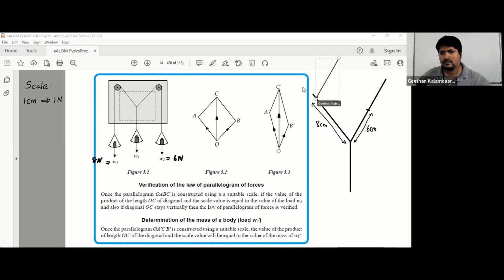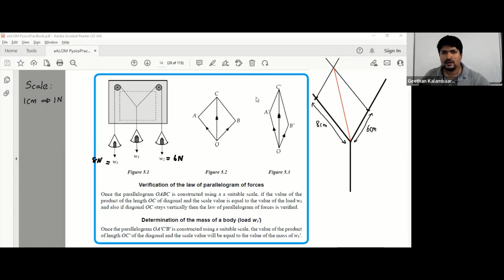You draw another line from here, which is also parallel to the previous. Let's check whether it's parallel. This is a small check that I'm going to do. To draw this, you can use a set square, and you know how to use a set square for this. And then you are going to draw the diagonal, which is going to show us the resultant of these two.